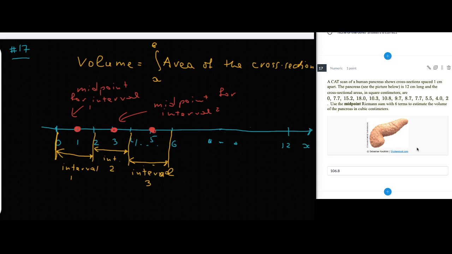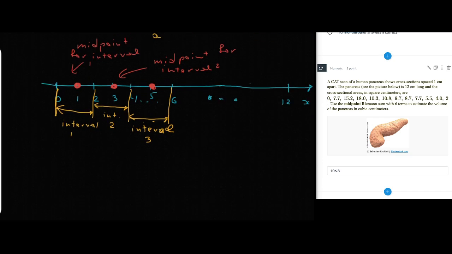And so these areas of these cross sections would then have to be multiplied by the length of each subinterval. All subintervals have the same length, namely 2.